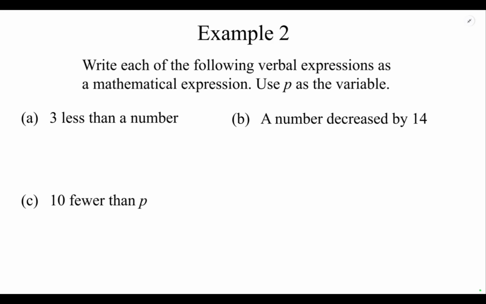Less than signifies what? Subtraction. So we have P minus 3. Keep in mind, 3 minus P is different from P minus 3, depending on whatever the situation is. All right? So just keep that in mind as well.